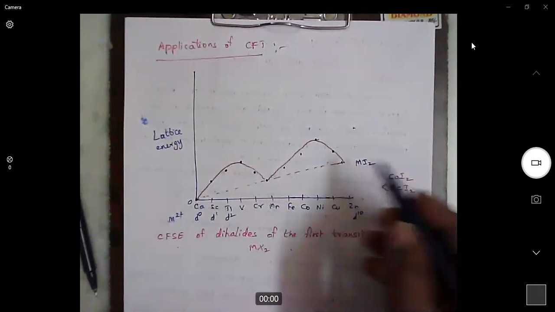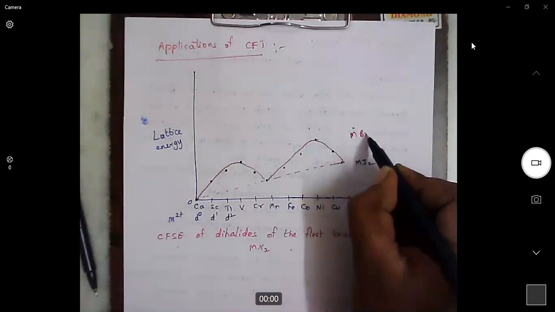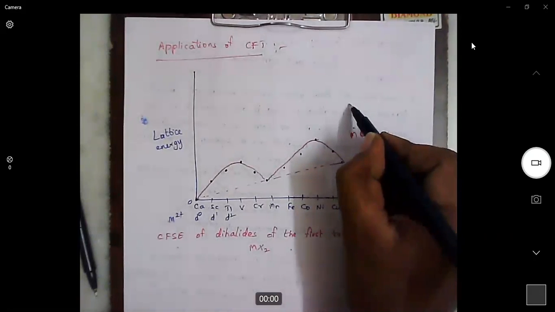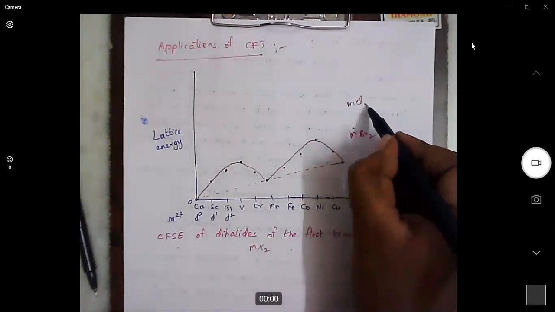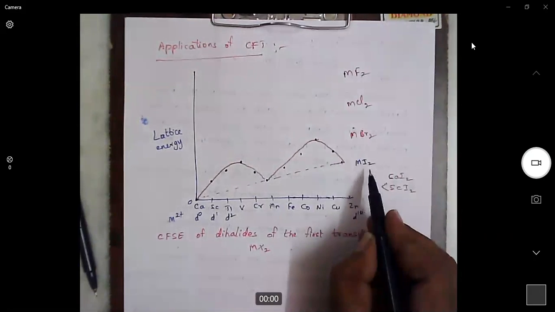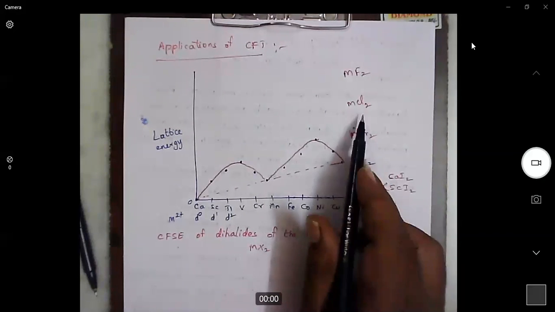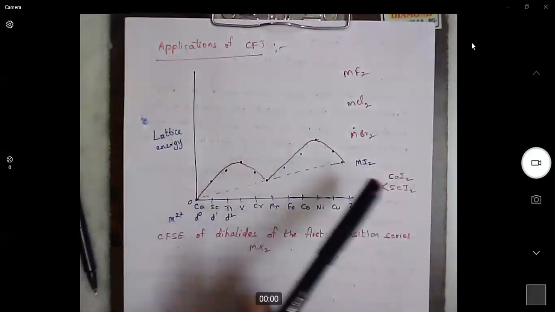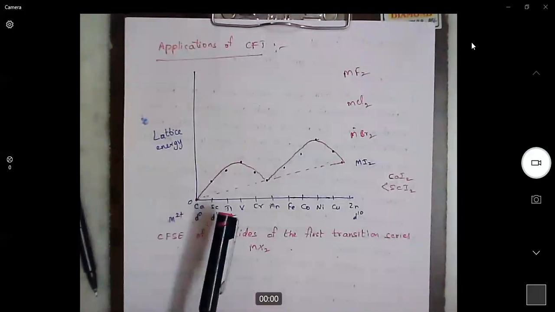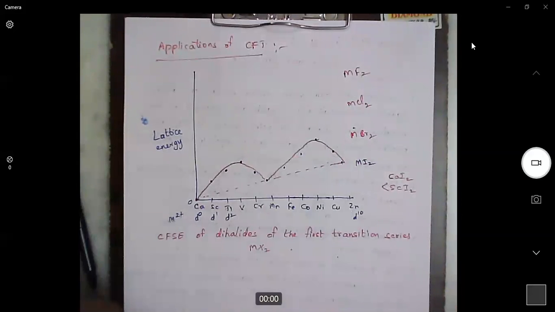Similarly, we can also draw the graphs for bromine, and then chlorine, and then fluorine. As we know, iodine is the weakest ligand, then bromine, then chlorine, then fluorine. So with the increase in ligand strength, we also observe an increase in CFSE.